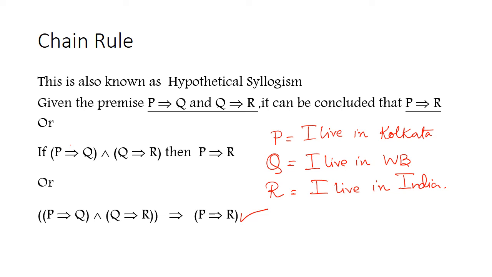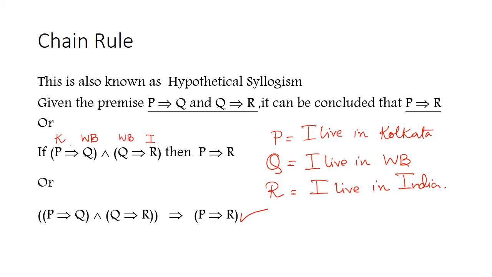So P implies Q will be: if I live in Kolkata, then I live in West Bengal. Q implies R will be: if I live in West Bengal, I live in India.